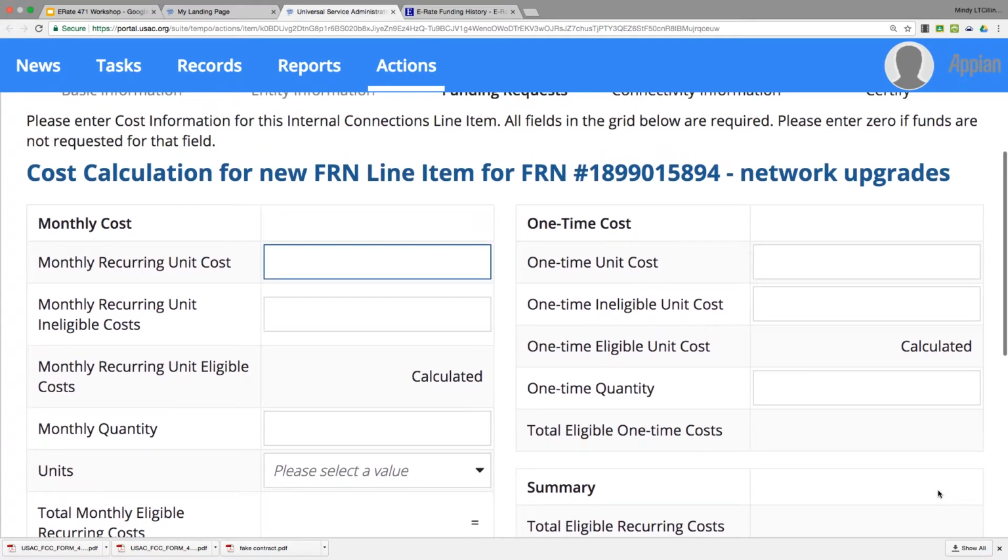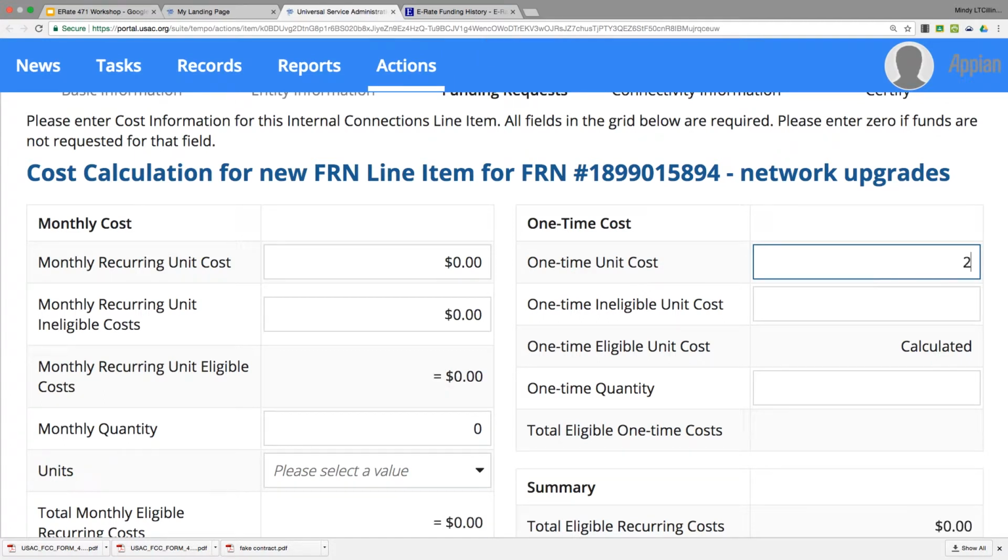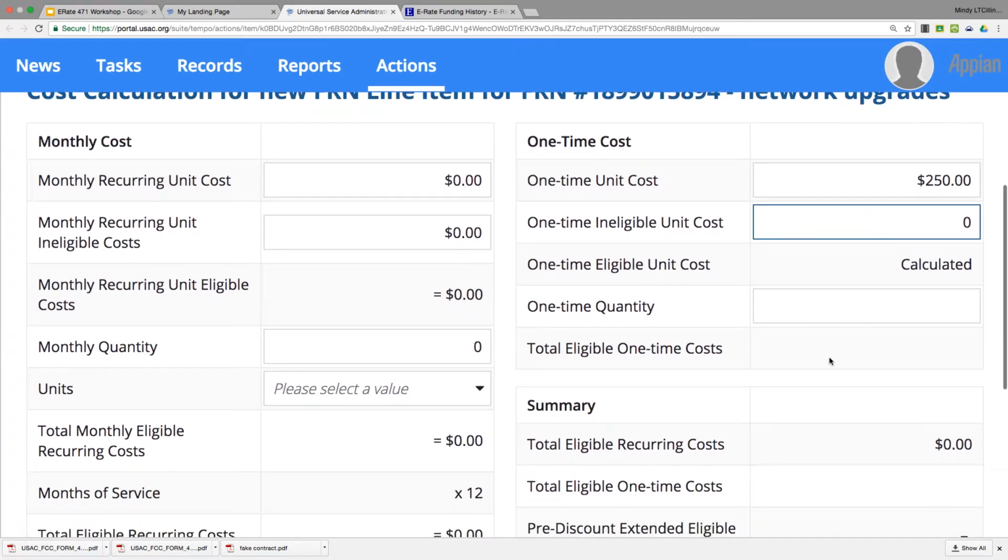Now it's going to say how much is that unit costing you. So for my $471 for Cat 2, my costs are always going to be one time over here on the side, not the monthly. So I have to put 0 in my monthly for it to calculate appropriately. And then over here on the one-time costs, I am going to say $250. I'm totally making it up, so nobody yell at me and tell me that it was too much or too little.